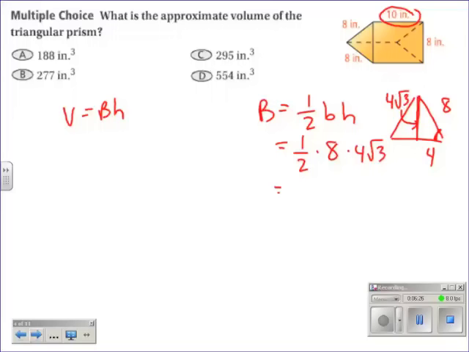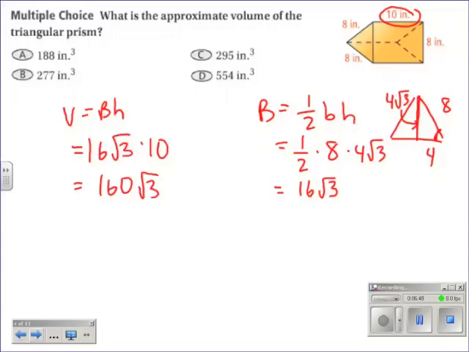So this will result in an answer of 16 radical 3. That's big B. Now I'm ready to go over here to my volume formula and substitute that 16 radical 3 in for the area of the base. Then I'm just going to multiply it by the height, and you'll see that my answer is 160 times radical 3. The units for that, since I'm dealing in inches, will be inches cubed.